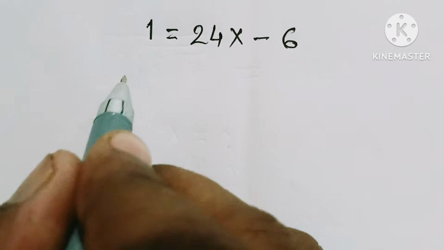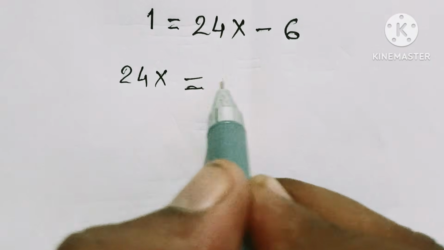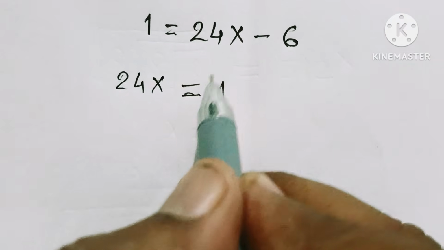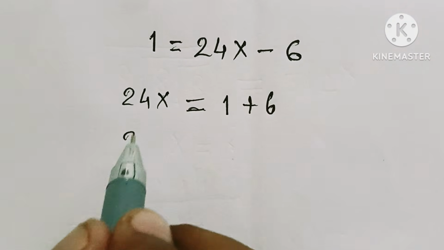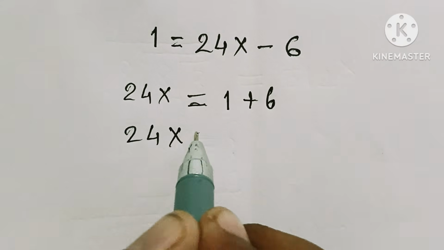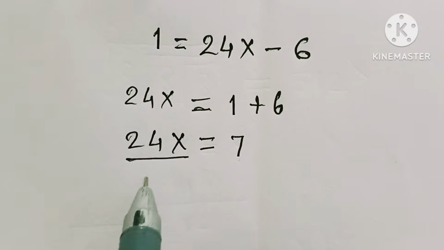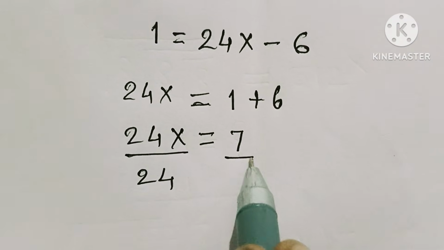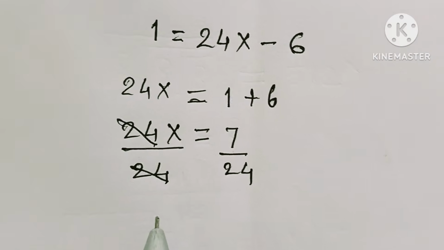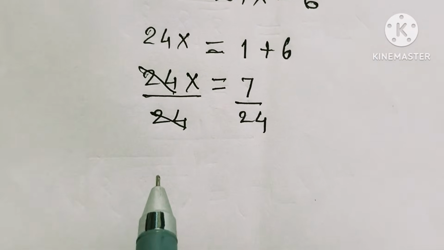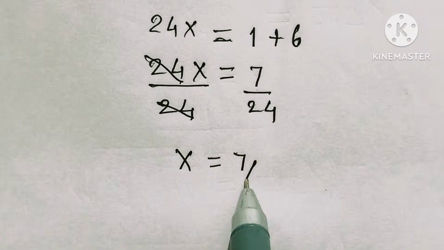So 24x equal to 1 as it is, minus 6 transferred to this side, plus 6. 24x equal to 7. Divide both sides by 24. 24 cancels. So x equal to 7 by 24.